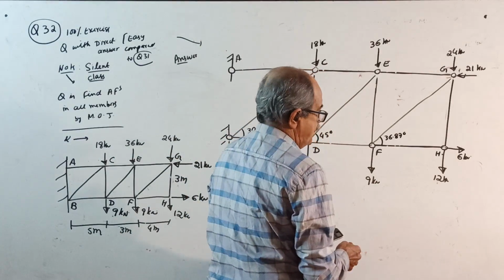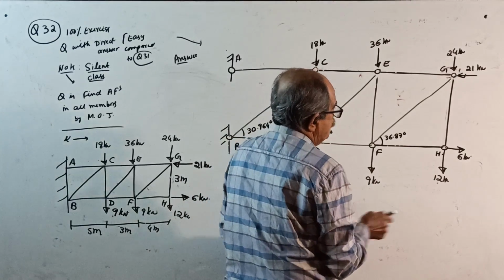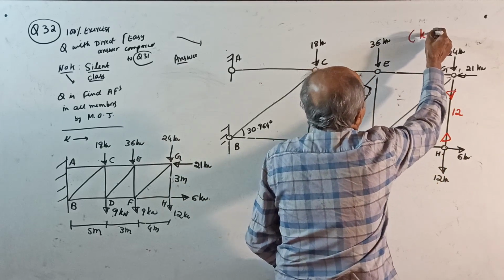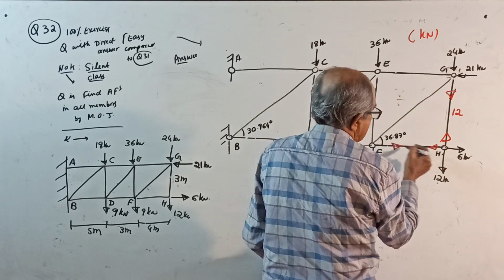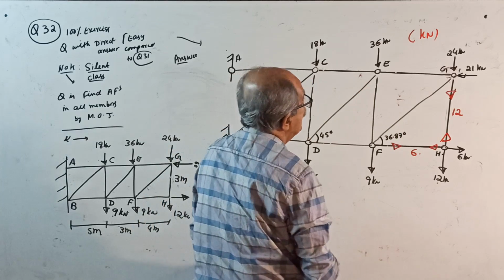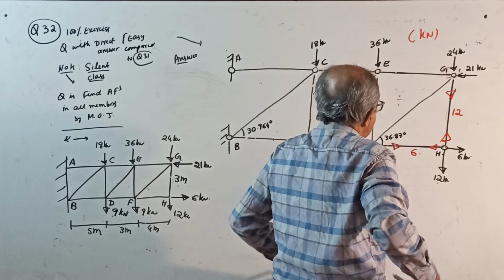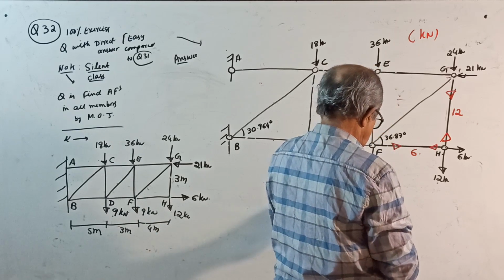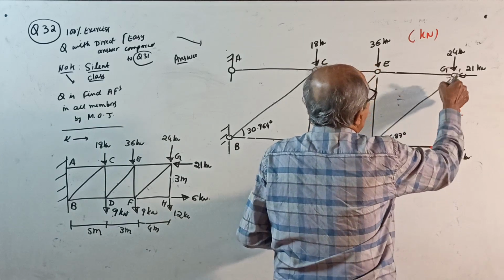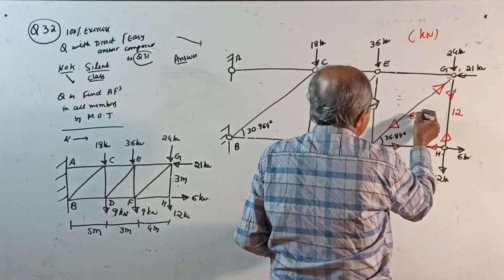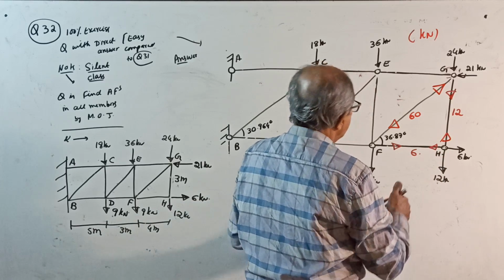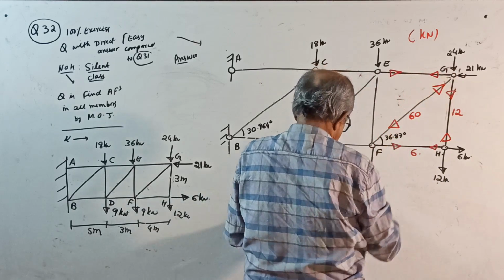H down 12. H go to G. 60 into 0.8 is 48 this way, minus 21, 27.